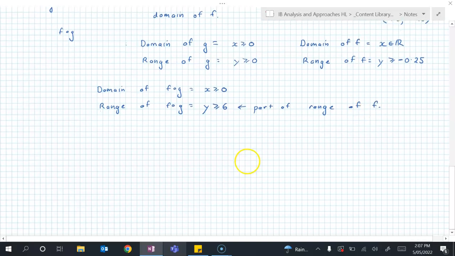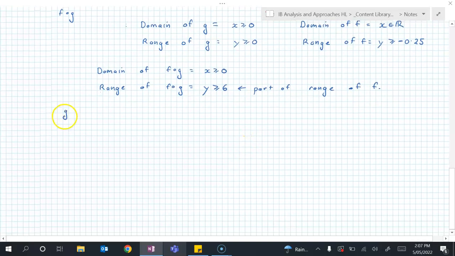Let's do another example. Let's do g composed with f. Now I've got the domain of g, I've got the domain of f. So into f we're putting all the real numbers.